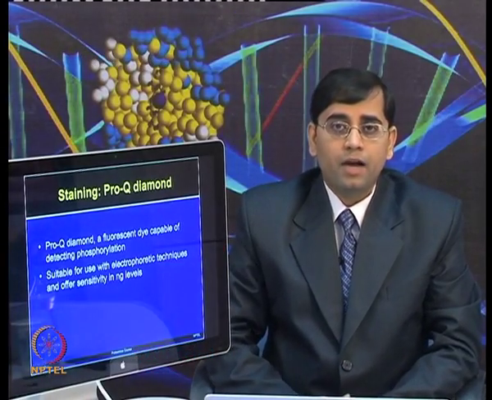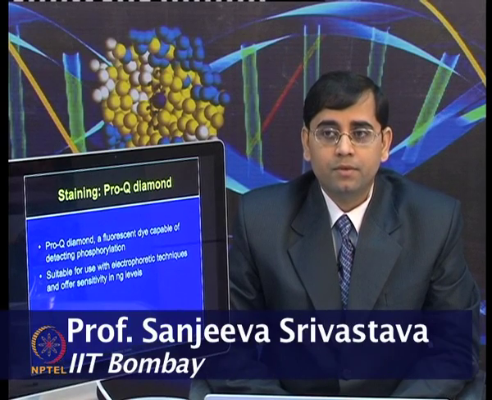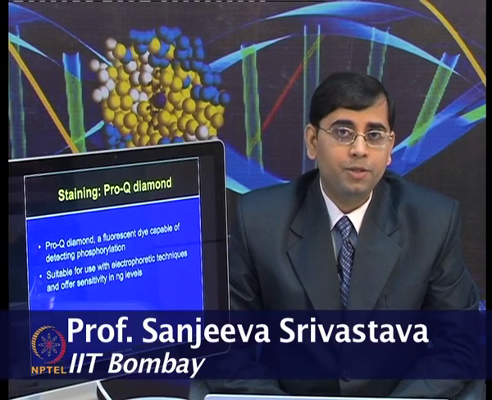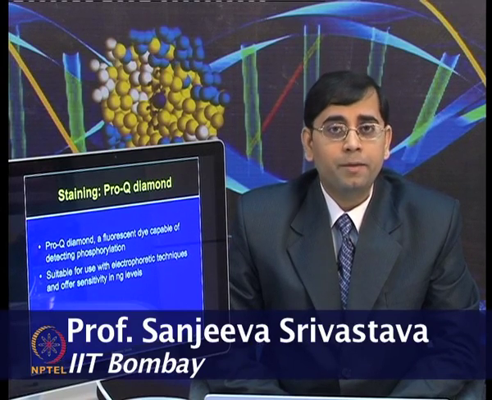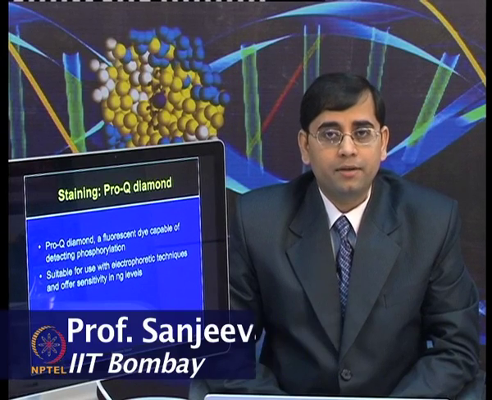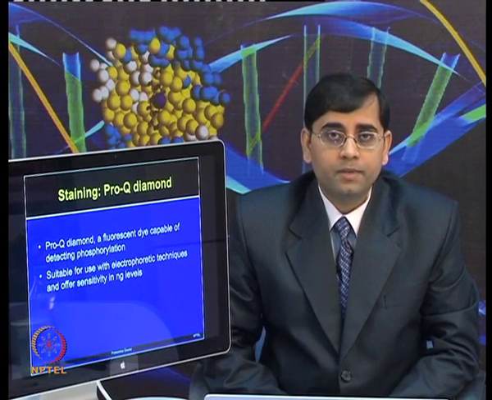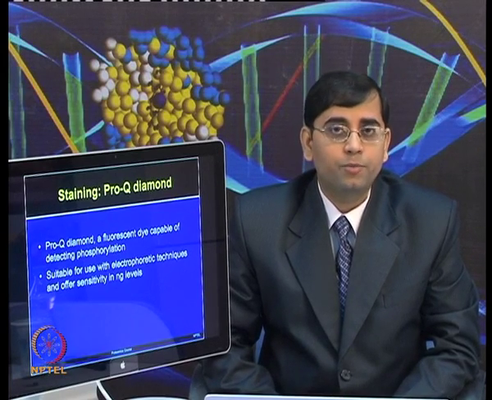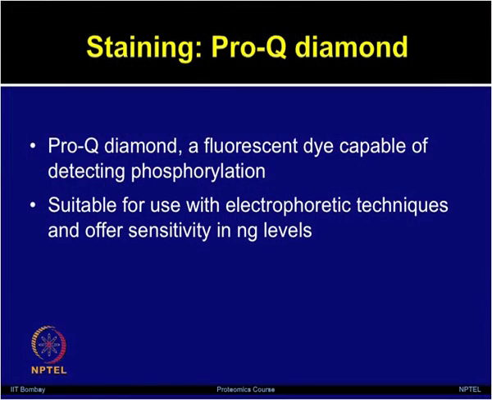So, now after looking at this animation, you are familiar that different types of staining methods can be used. Now, let me introduce you to another stain, which is Pro-Q Diamond, which is used for studying the phosphorylation of post translationally modified proteins. Pro-Q Diamond is a fluorescent dye, which is capable of detecting phosphorylation.